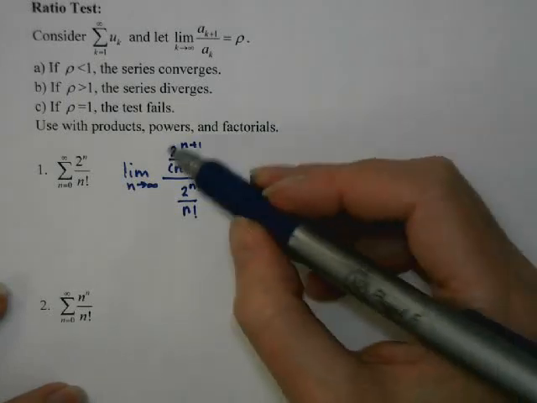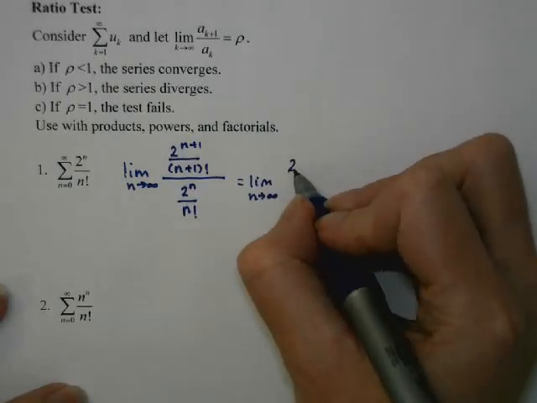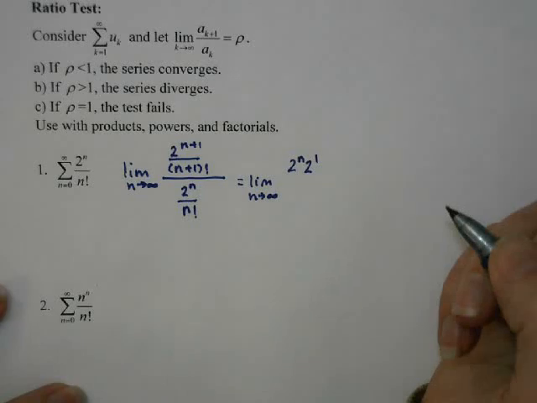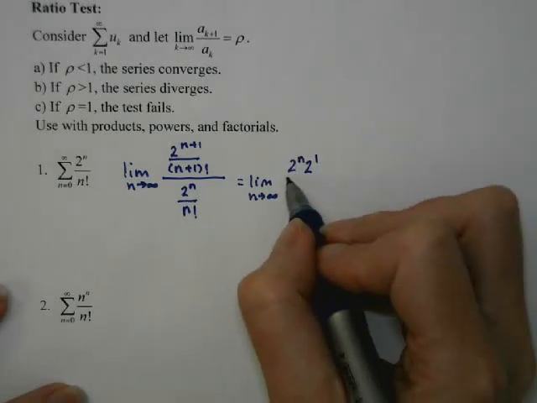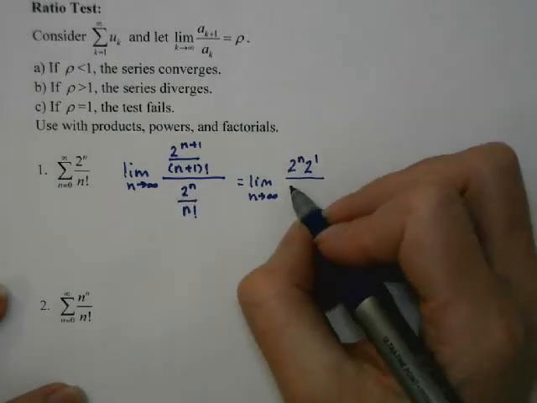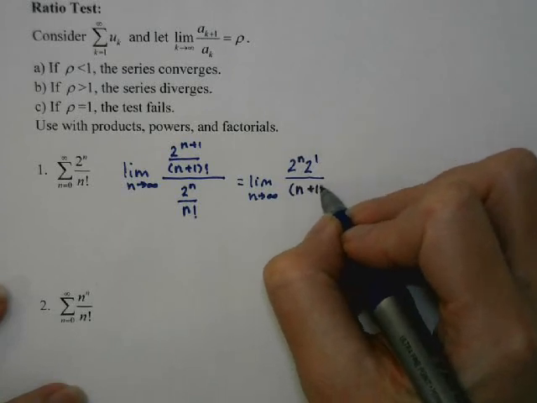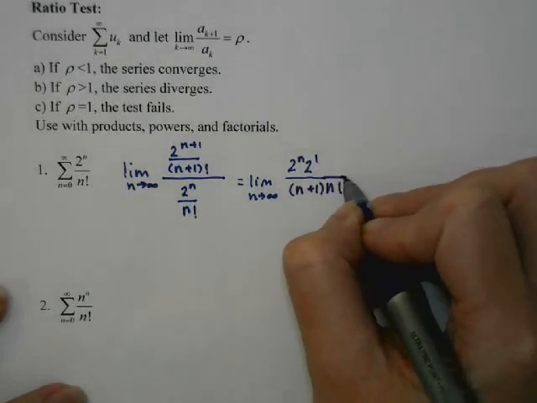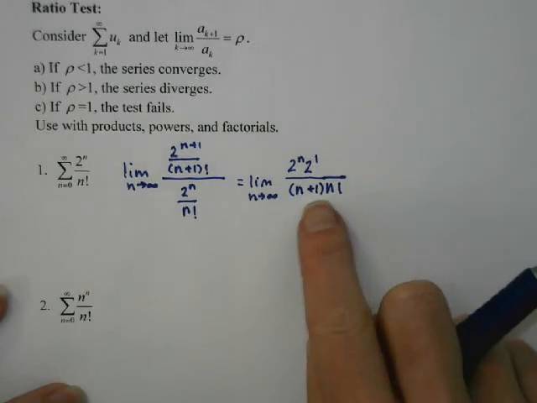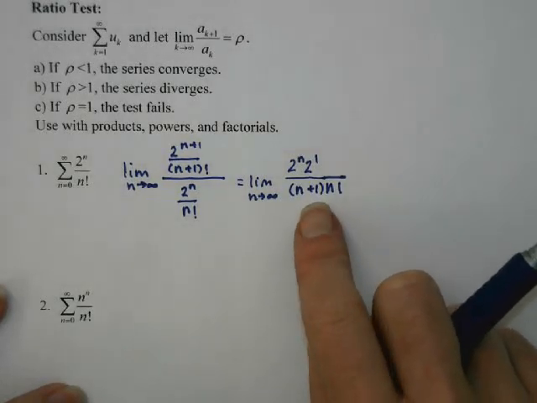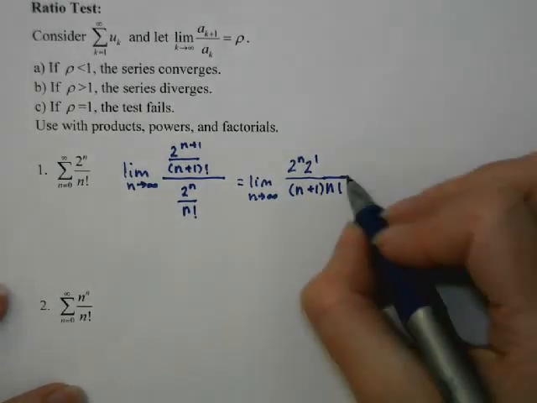I'm going to rewrite this 2 to the n times 2 to the 1. I'm going to rewrite this n plus 1 factorial as n plus 1 times n factorial, because if I had 9 factorial, I could write that as 9 times 8 factorial.